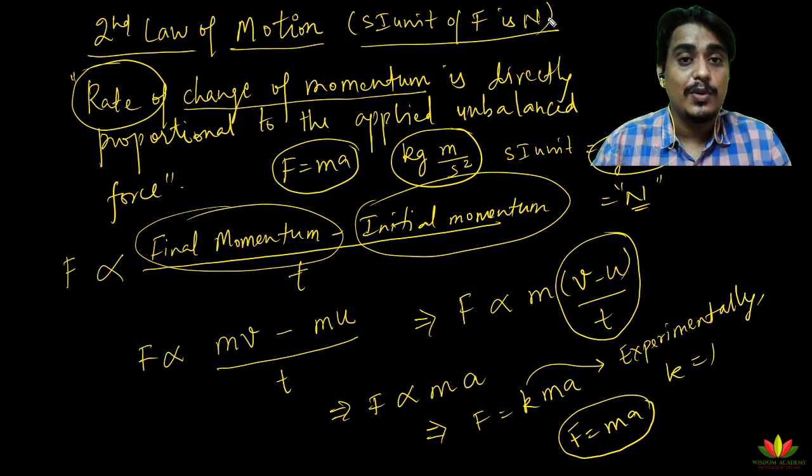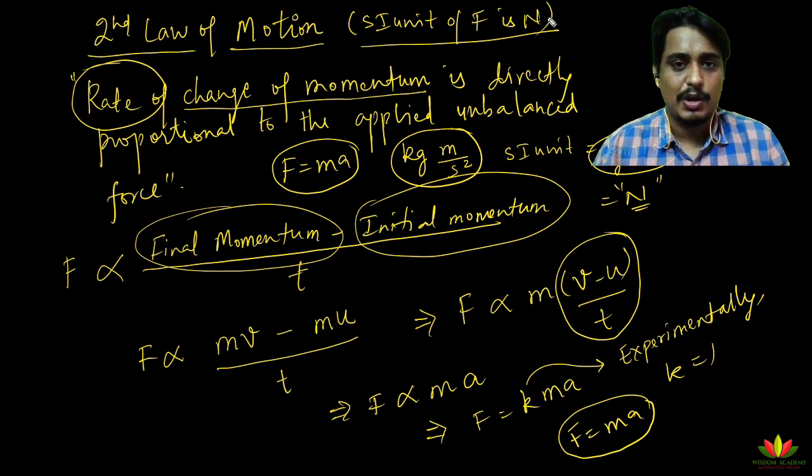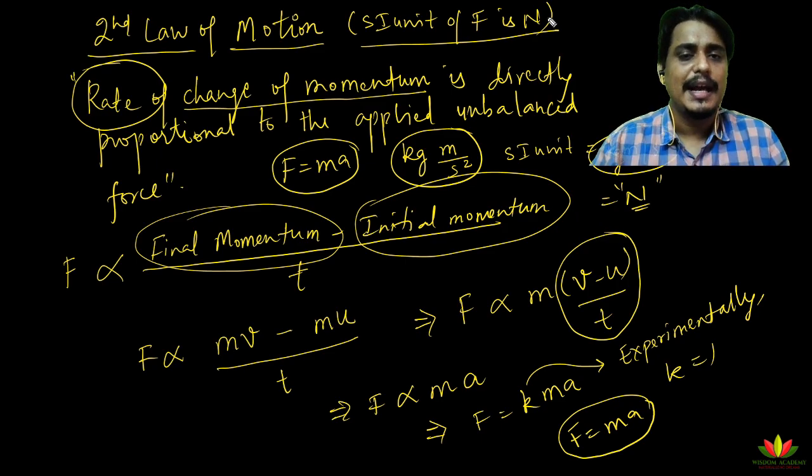What is inertia, and what are the different types of inertia, I told you. Then I told you what is momentum. I found the mathematical expression of momentum, and then I derived the second law of motion. It states that rate of change of momentum is directly proportional to the applied unbalanced force. And after solving this whole thing, I finally get F is equal to ma.